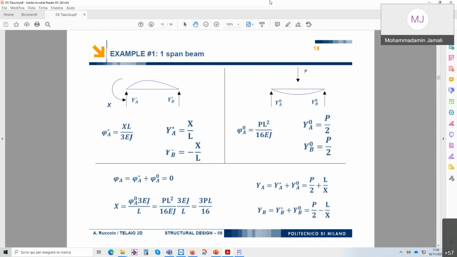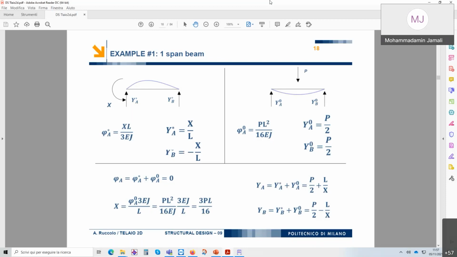Am I right? So as we have not simple curvature of displacement, it's because we have different kinds of constraints at the two ends of the beam.